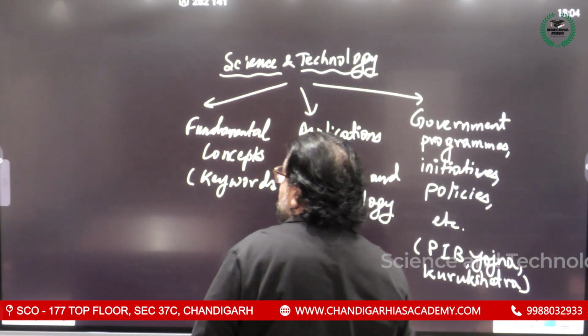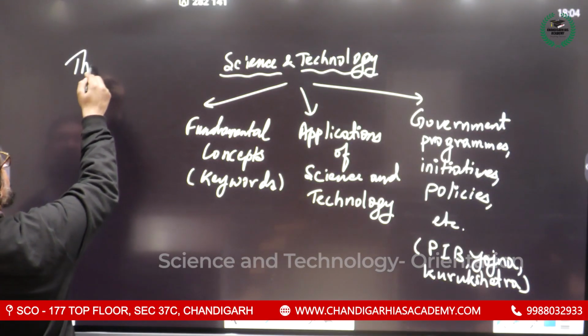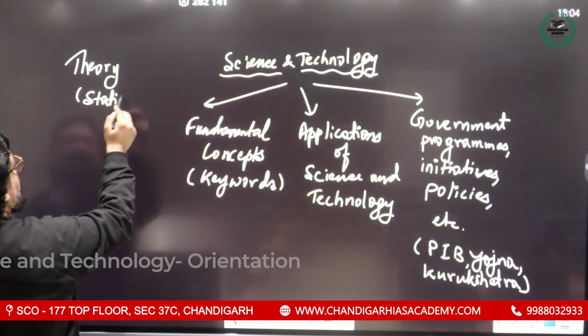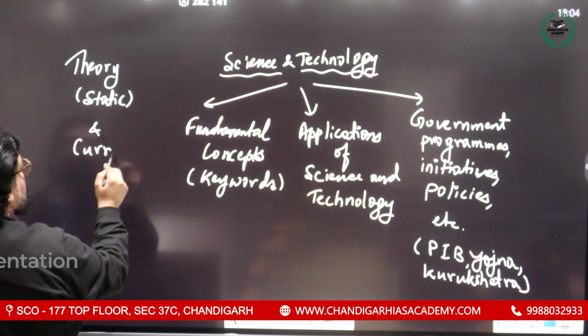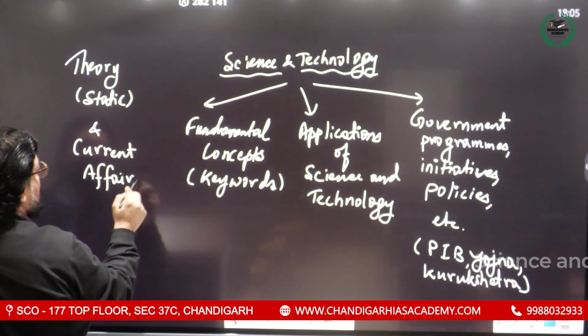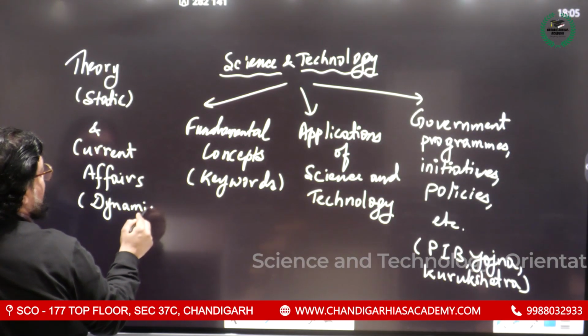And as I said, when we are looking into this subject, one is that we have to know the theory part. That is a static part. But application and current development, that is, you have to connect contemporary development, current affairs in science and technology. This is where the dynamic part comes from the syllabus point of view.